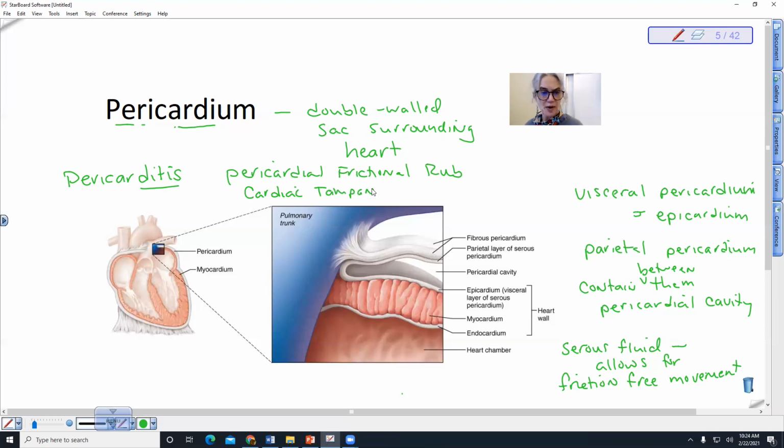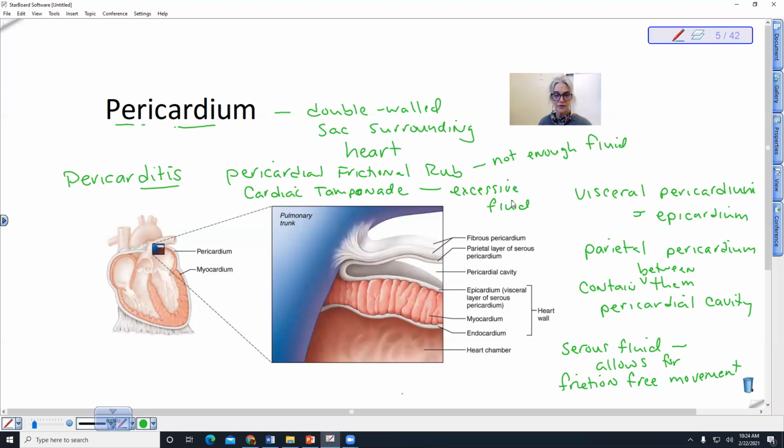Maybe I spell this right. Oh, there's an O there. Tamponade, right? And so this is where you actually have excess fluid. So this would be not enough fluid. And then this would be excessive fluid. And those can be both problematic.